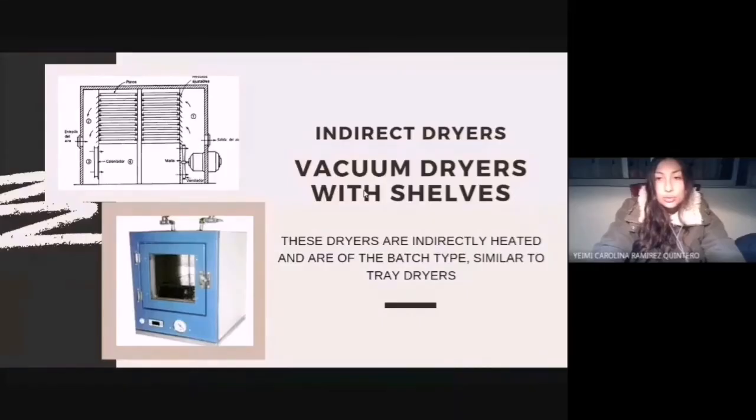Heat is conducted through metal walls and by radiation between shelves. For operation at lower temperatures, hot water circulation is used instead of steam to supply the heat that vaporizes the moisture. The vapors are collected in a condenser. These dryers are used to dry expensive or temperature-sensitive materials or that rust easily. They are very useful for handling materials with toxic or valuable solvents. Next, please.